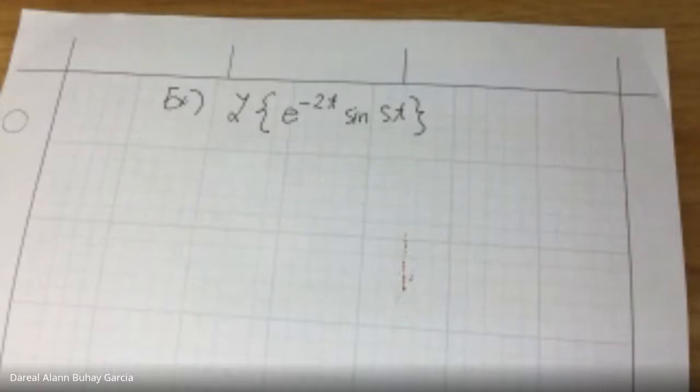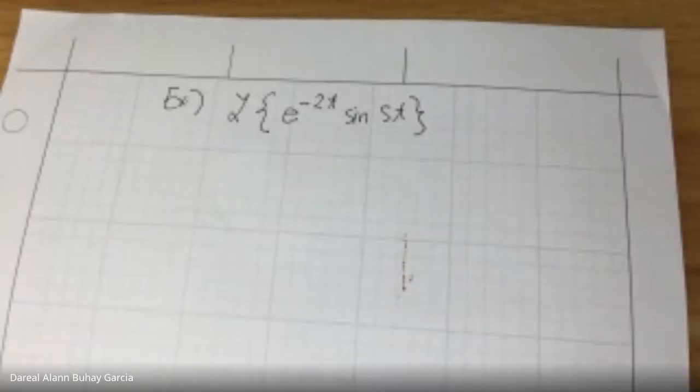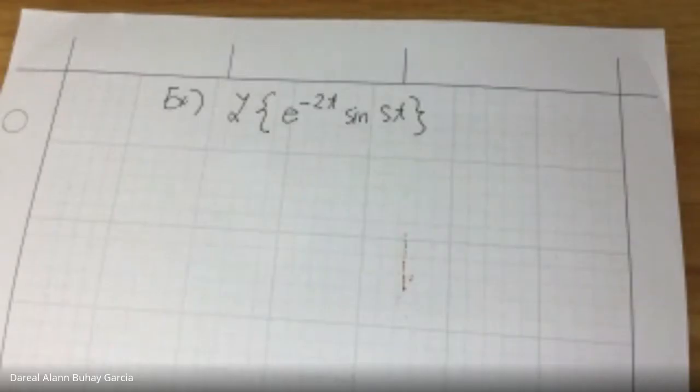I think Chen's answer is s squared plus 4s plus 29. Is it 29? Or is it s squared plus 4s plus 25? If it's s squared plus 25 initially, we replaced s with s plus 2.